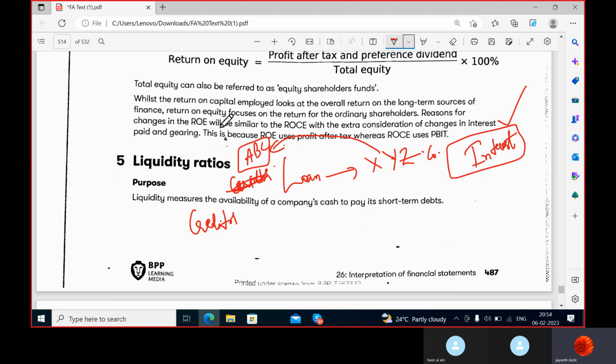Someone who is a creditor only looks for his kind of income from that company, which is nothing but interest. Many people who give a loan want interest. They don't want to take that much risk. They want to take very little risk. So you see interest amounts are very small when compared to the profits.